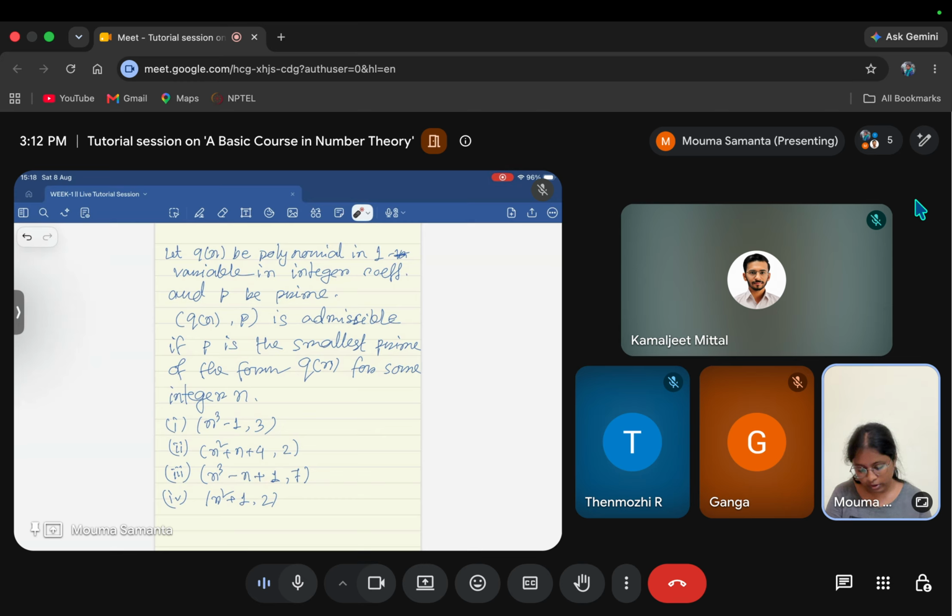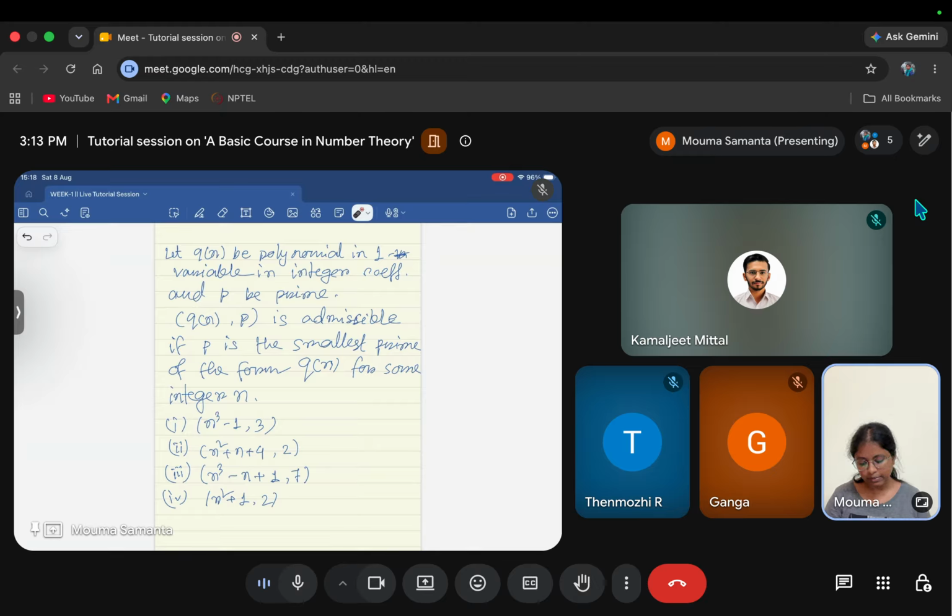So what you have to do in this question, since multiple options are correct here, is check whether, putting the values of n from 1 up to and so on, you get this kind of pair or not.